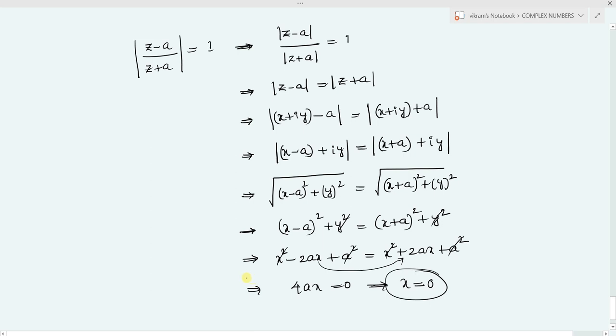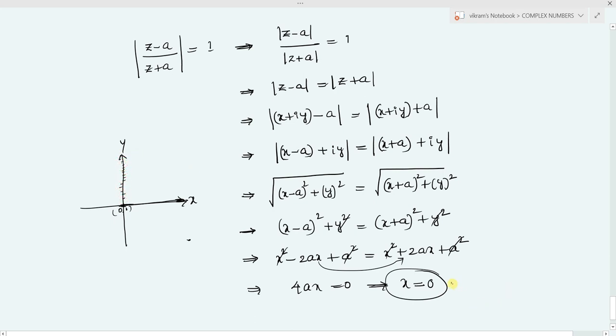So what does x equals 0 mean? The x value is 0. If we consider the Argand plane, any Cartesian system with x axis and y axis, x is 0 on the y axis.